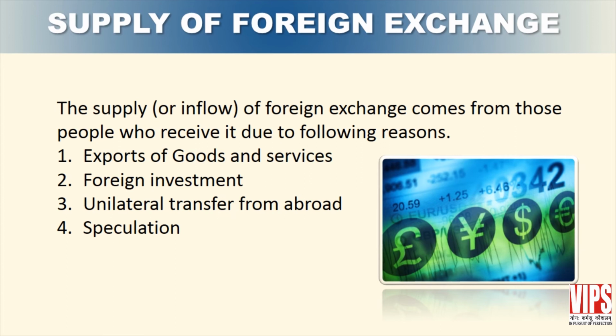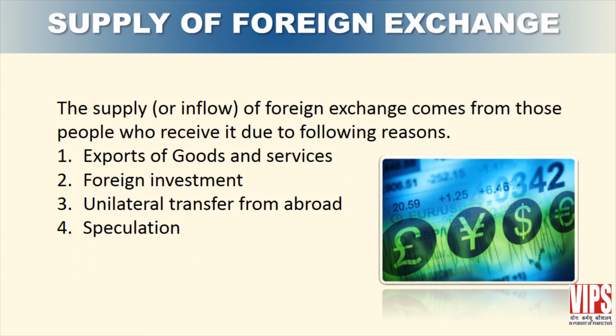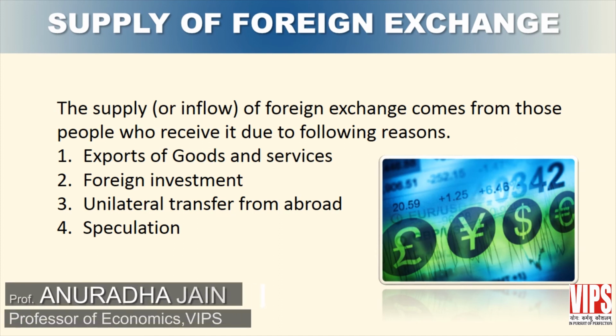These items include commodity exports, which is the most important item, then services rendered to the foreigners, travel expenditure by foreigners, interest and dividend received on foreign securities, remittances and charitable contributions by the foreigners, loans, borrowings, government expenditure by foreign nations, imports of long term capital or direct investment, foreign loans, etc., or imports of short term capital, gold exports, etc. So, these are the various sources for the supply of foreign exchange.